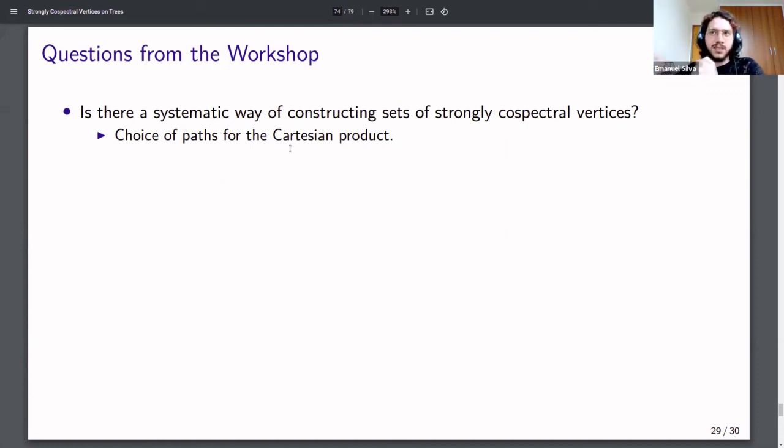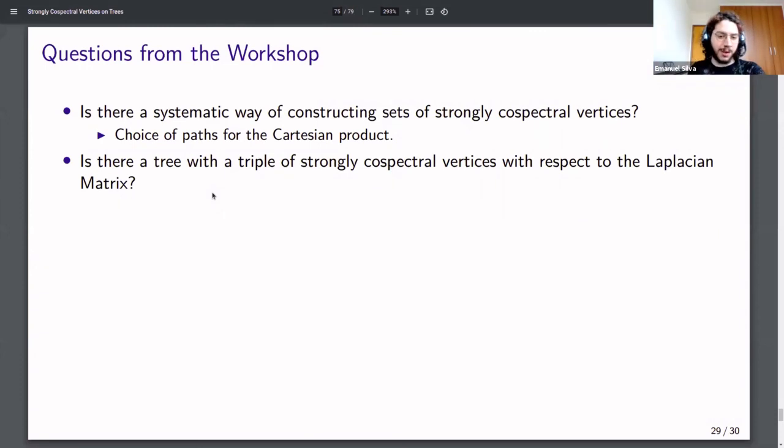But for larger sets, we don't quite know how well these Cartesian products should relate. Therefore, the question that arrived was whether there is a systematic way of constructing sets of size, let's say, 2 to the power of k, of strongly cospectral vertices by choosing the right combination of paths for the Cartesian product.